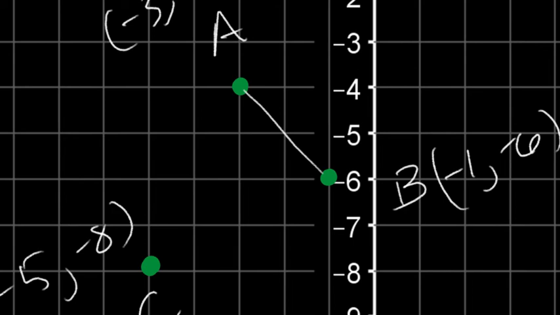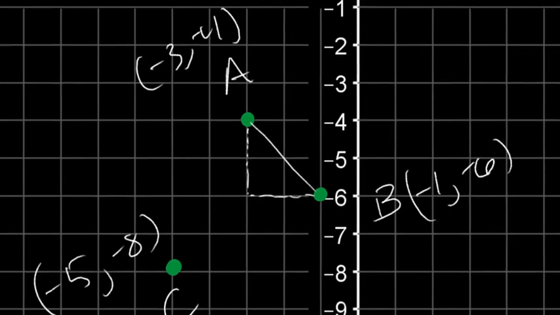And if I want to know this segment's length, I can look at this right triangle. A had an x value of -3 and it went to -1, so this is a change of 2. And the y values went from -6 to -4, so that's also a change of 2.